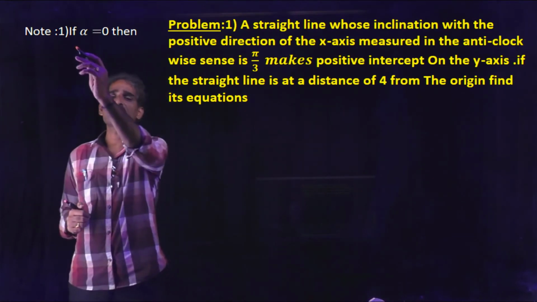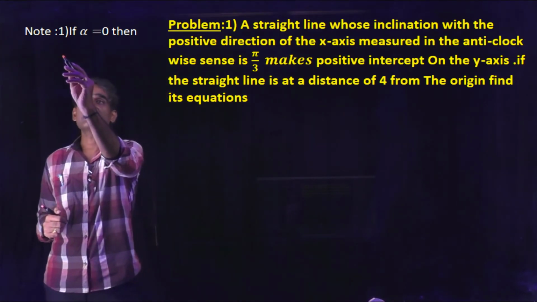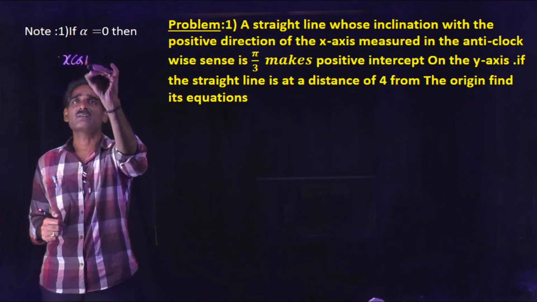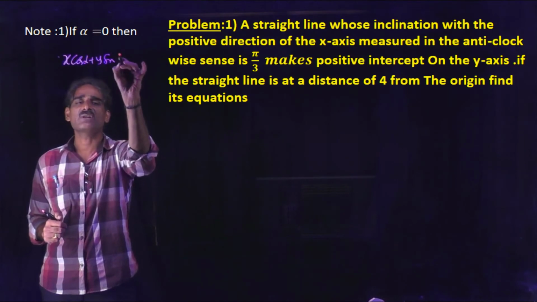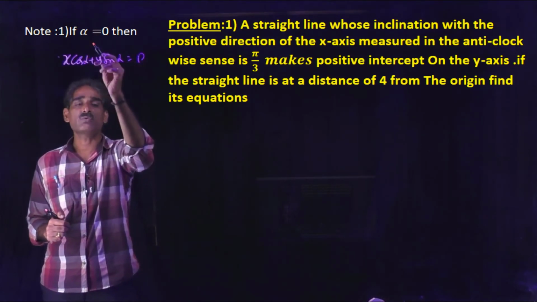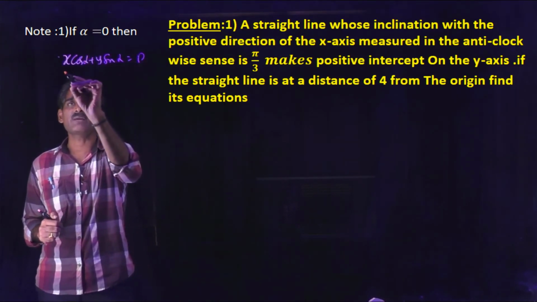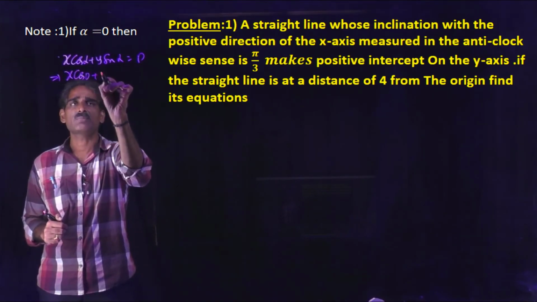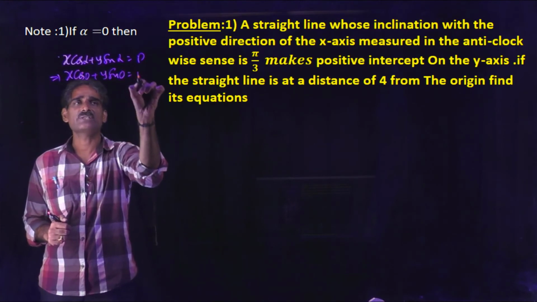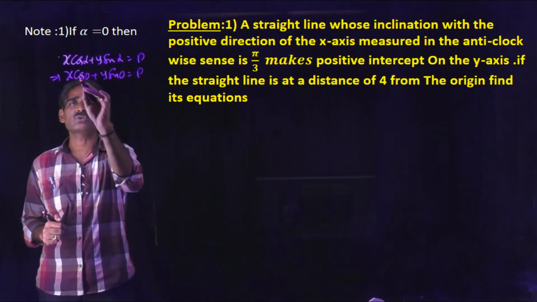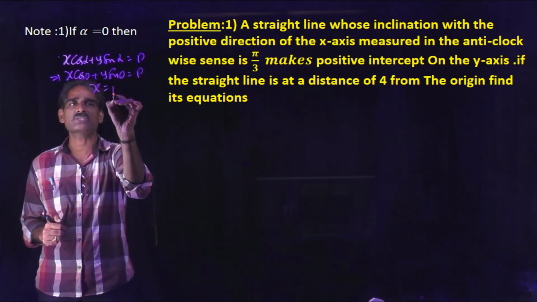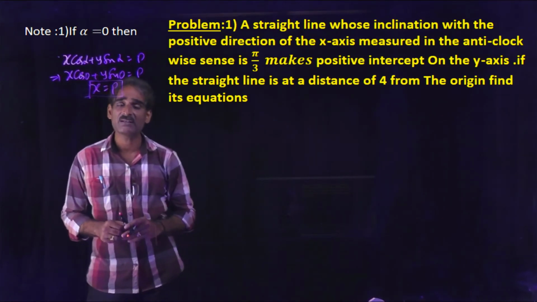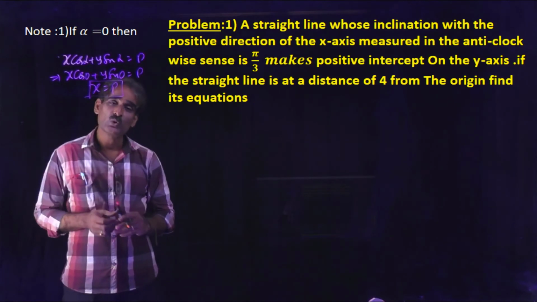So just simply substitute alpha equal to 0 in the normal form. This equation becomes x cos 0 plus y sin 0 is equal to P. Sin 0 is 0, cos 0 is 1, so x equal to P. This represents a line parallel to y-axis.